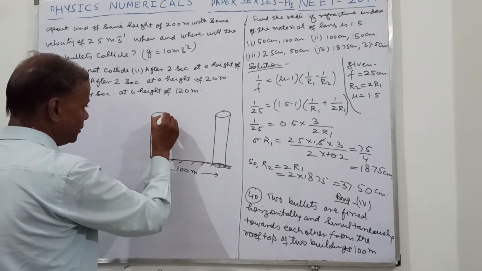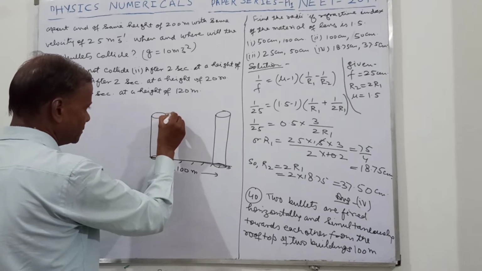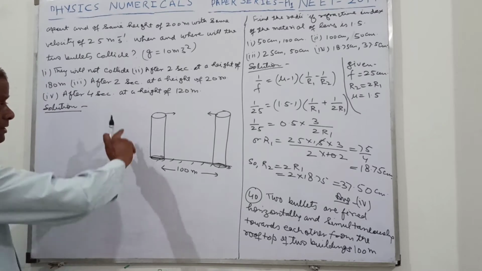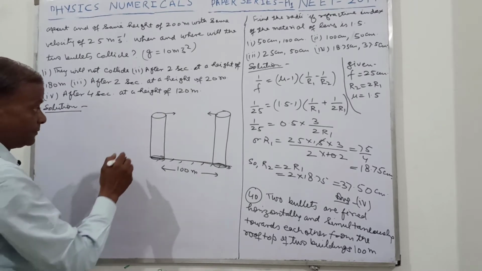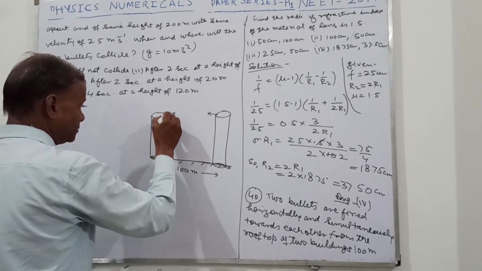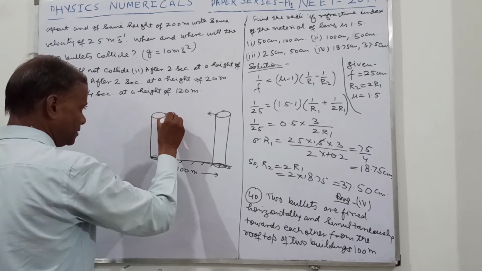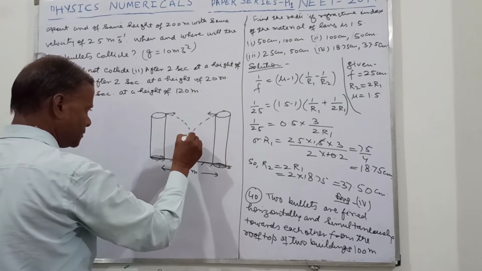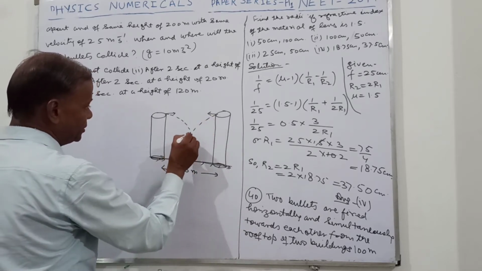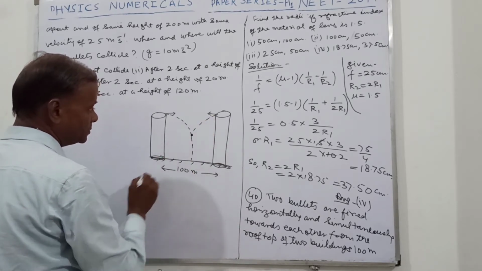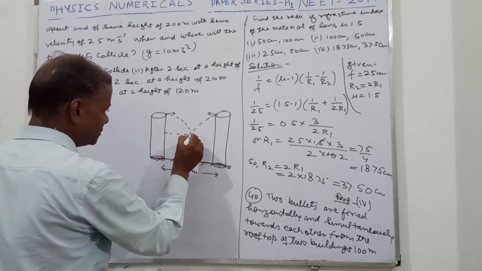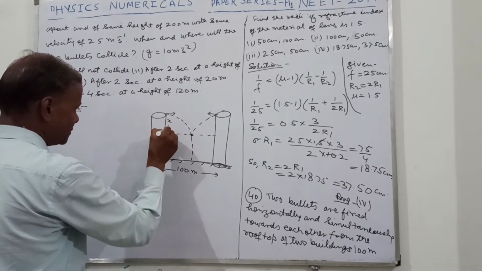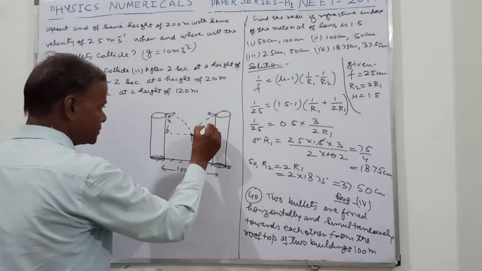So from here the bullet is fired, and because of gravity they will fall down. So they will follow a projectile trajectory like this, and let them collide at this point. This distance is x.